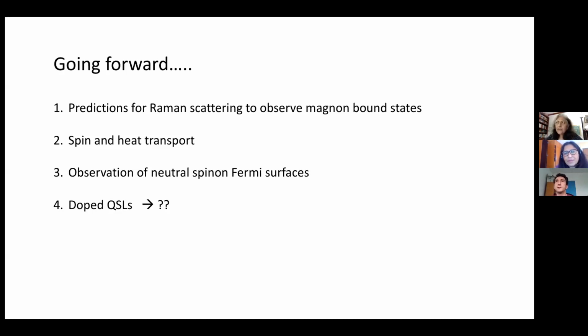Yes. You should see very much like a metal, which is neutral. If you measure specific heat, it should not matter whether it is neutral or charged, and you will see a linear specific heat. The power can be modified a bit. It need not be just T, because these neutral spinons are swimming in a background of gauge fluctuations, which can modify that power.